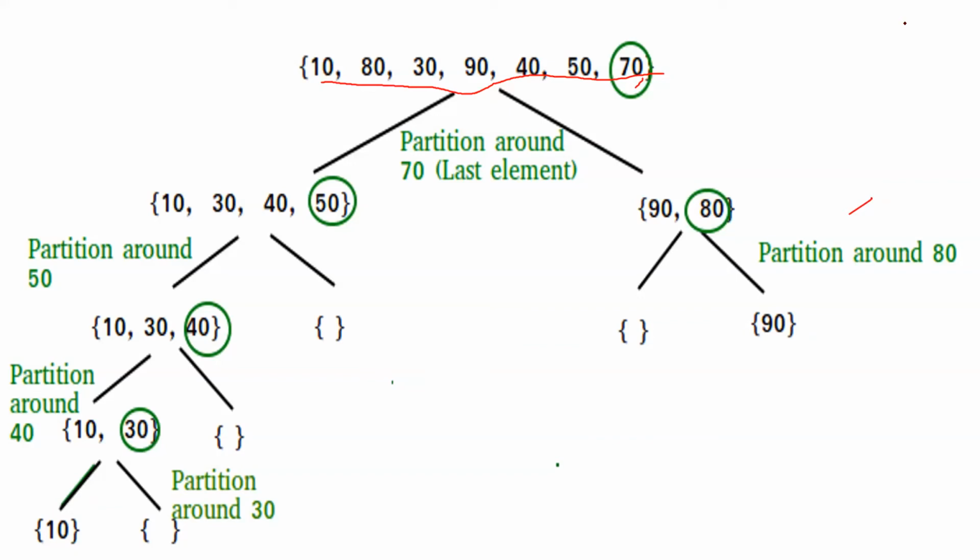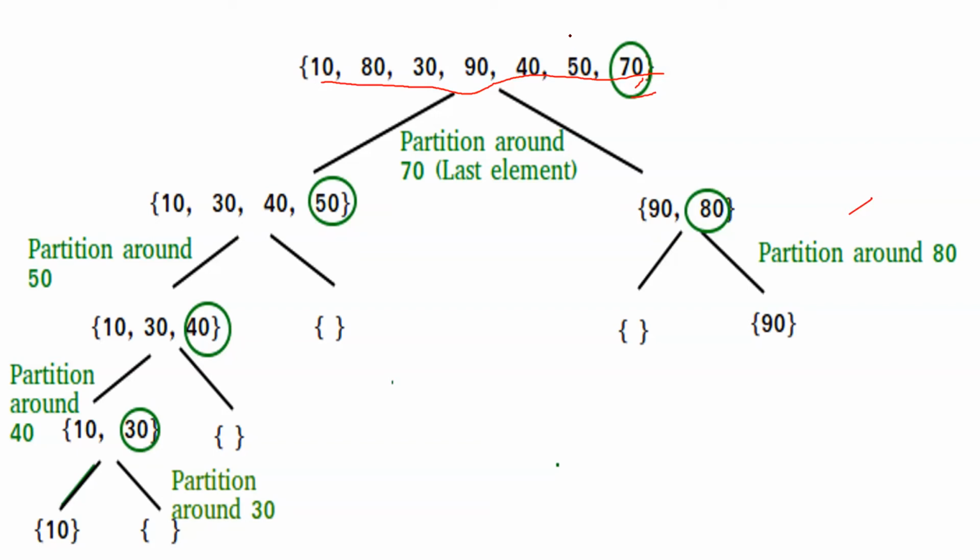Yes, dividing. So if the last element 70 is the pivot, we partition or divide around 70 such that the elements on the left are less than 70 and those on the right are greater than it.